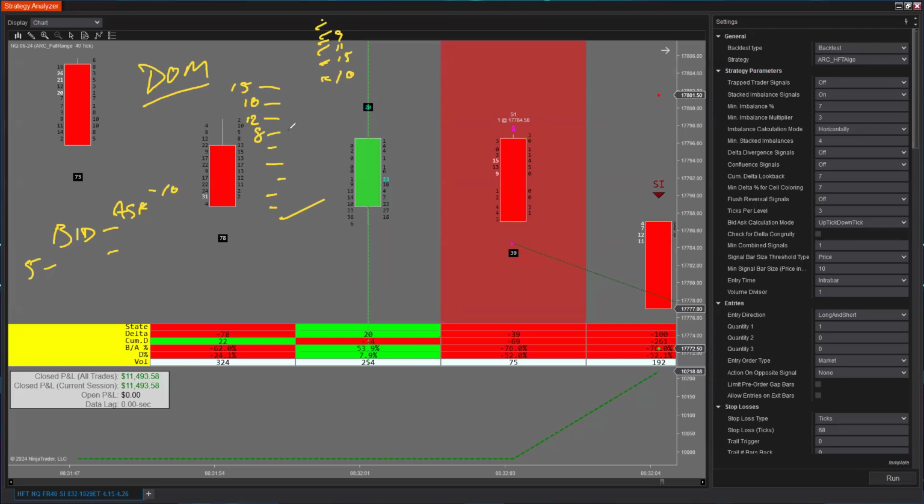So these would be the orders that are resting above price, which would be the ask, and then we have the bid down below. Now, ordinary level 1 data is only going to give you bid and ask.